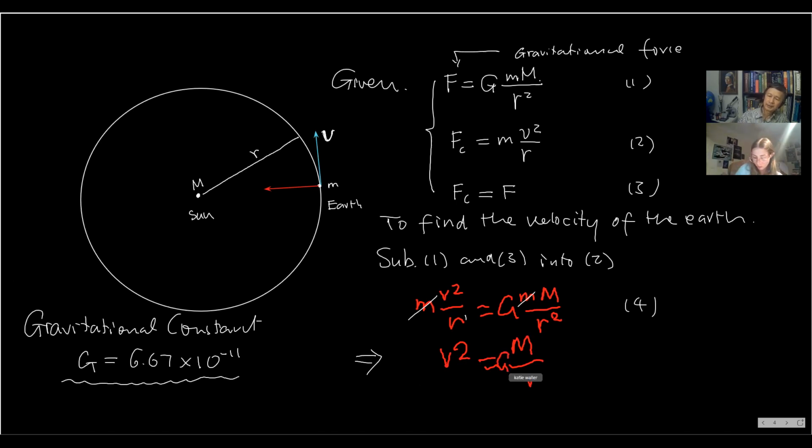Yep, GM, that's right. This is similar to the formula we discovered for the electron, except that the constants are different. Square root of GM divided by R, where R is the distance between the sun and Earth. Yes, that's it. That is the formula for the velocity of Earth's orbit about the sun.